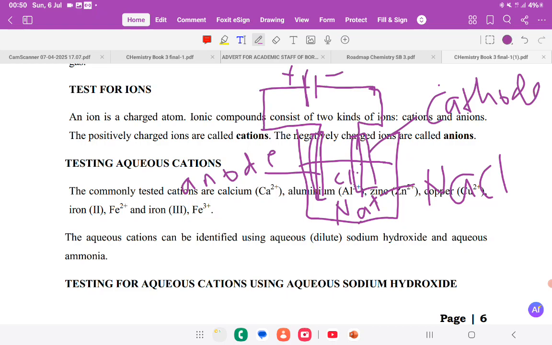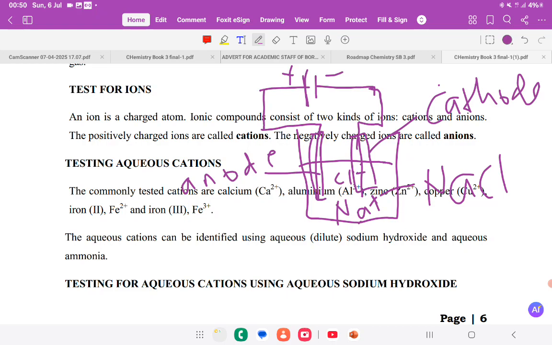All right, so you learned somewhere that unlike charges attract.